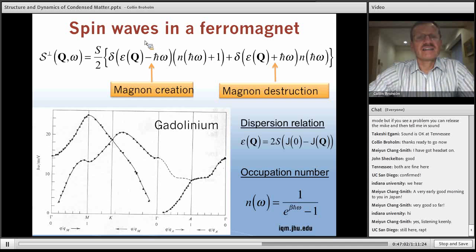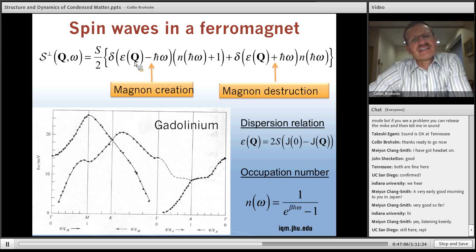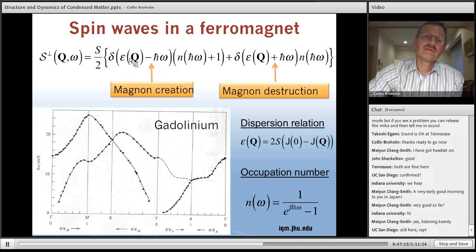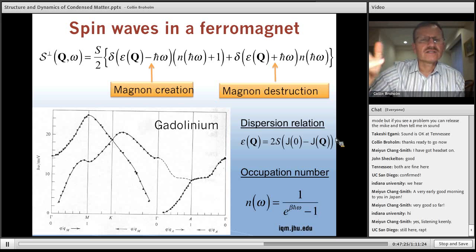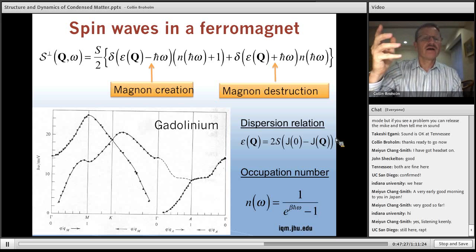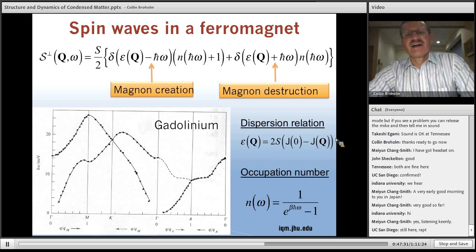And then finally, there's an interesting point here, which is that for the ferromagnet, it turns out that the dispersion relation E of Q, which I've written down here, actually ends up being exactly proportional to that expression which we had for the expectation value of the double commutator.